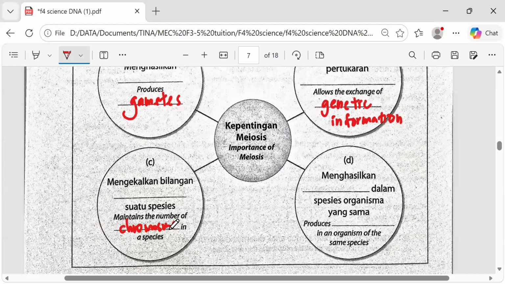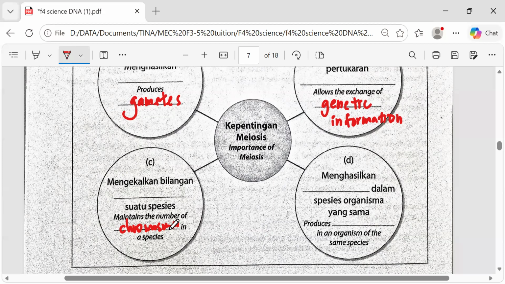How come? You make a gamete, instead of 46, your gamete has 23. Another person makes a gamete, their gamete also has 23. The 23 and 23 combine together, and the human now still has 46. That's how it maintains the number, one generation after another.